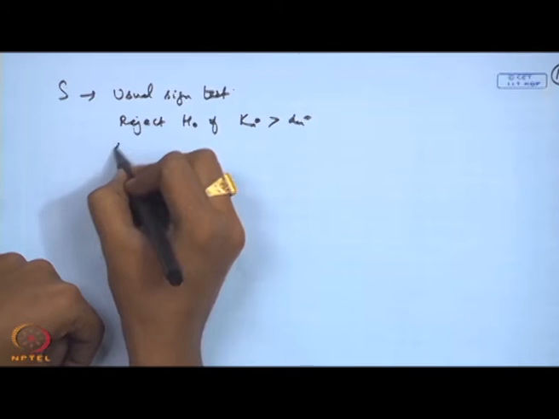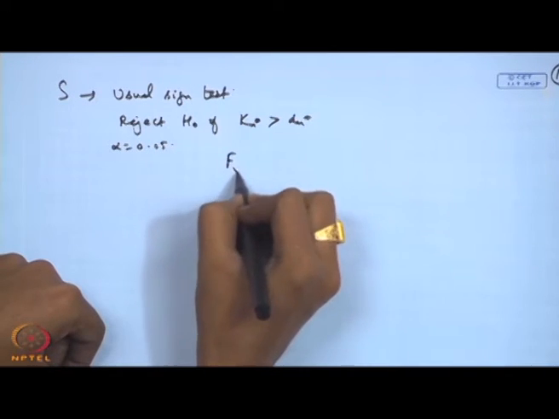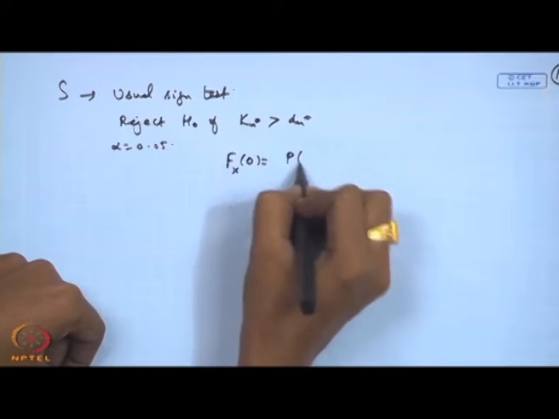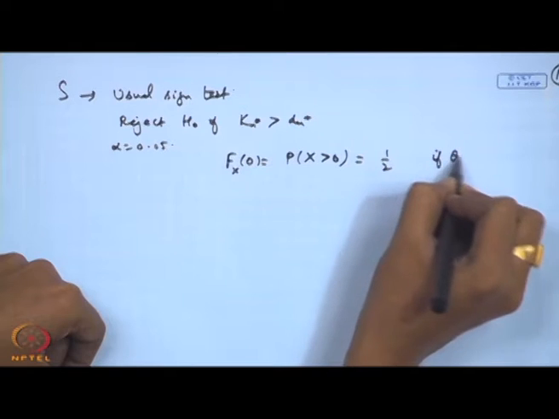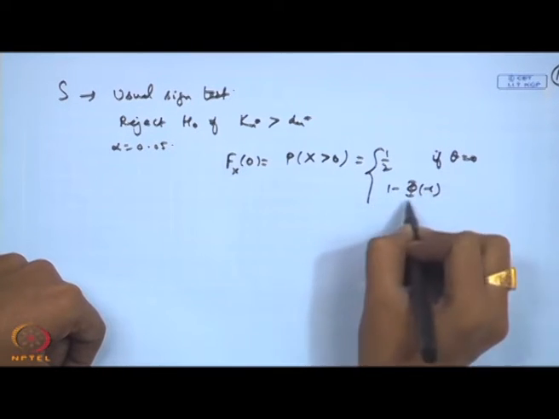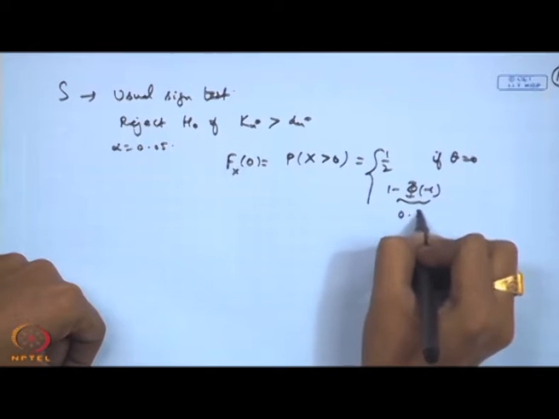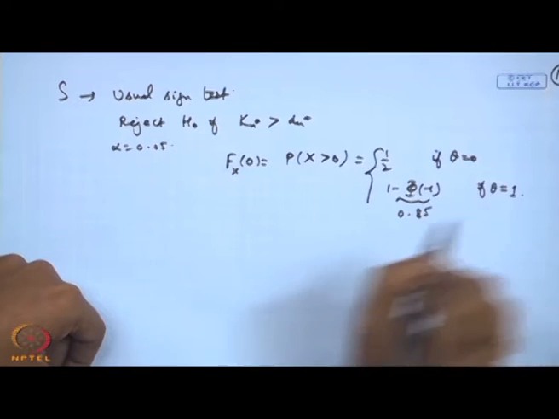If I am taking alpha equal to 0.05, and let us say f x 0, that is the probability x greater than 0, is half if theta is equal to 0. It is equal to 1 minus phi of minus 1, that is approximately 0.85 if theta is equal to 1, for example.